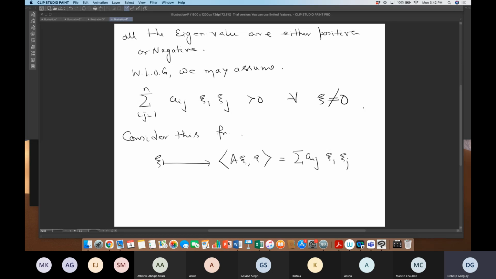So define a function f(ξ) given by the summation of Aij ξi ξj, where Aij is a fixed matrix. Is this a continuous function?